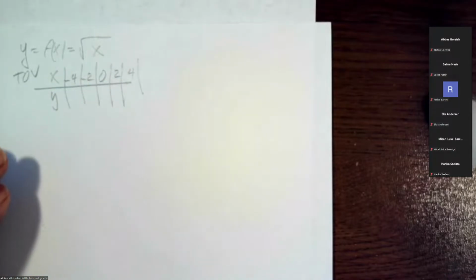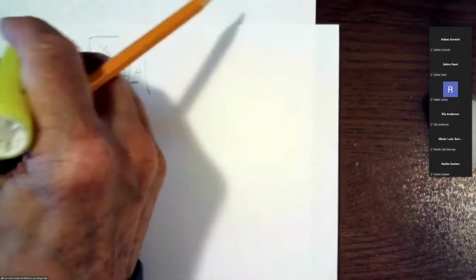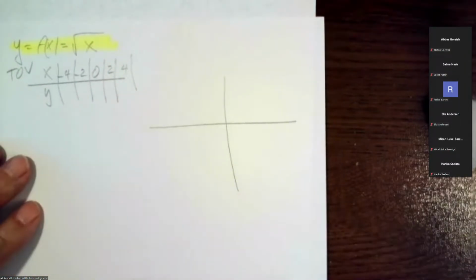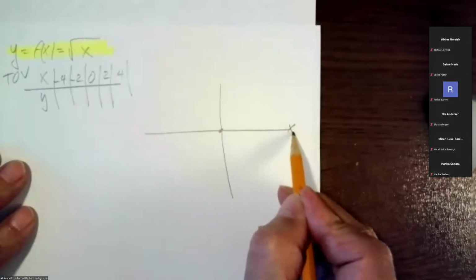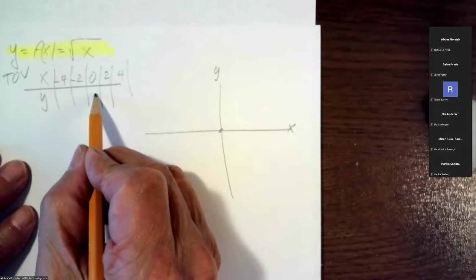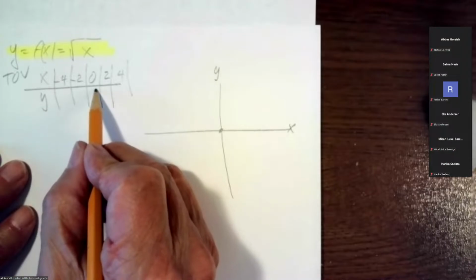So let's take a look at y evaluated at 0, because we're going to try and plot this thing. y evaluated at 0 is going to be what? 0.